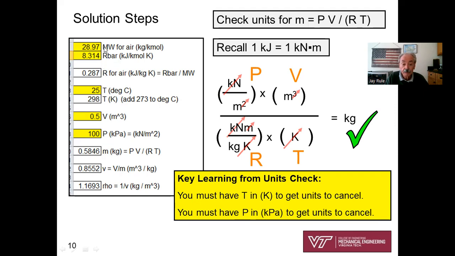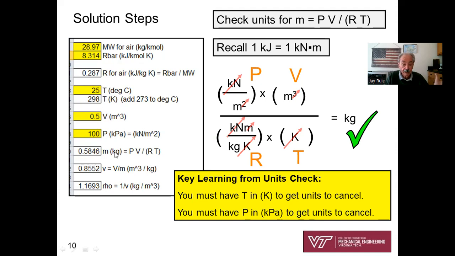Defined R, molecular weight, 28.97. R bar, went to the book, write down 8.314 kilojoules per kilomole degree K. R for air, 0.287. You might want to memorize that because we have so many air problems in this course. T, 25 degrees C, I've got to add 273 to that. Just add the integer 273 to it. Okay, volume given, pressure given in kPa, all right?